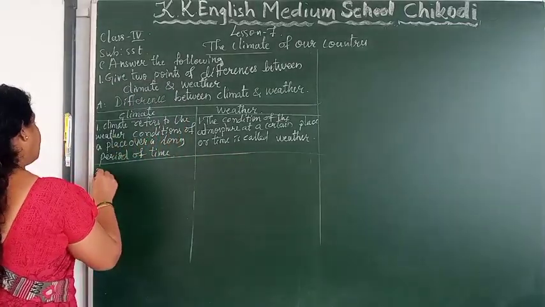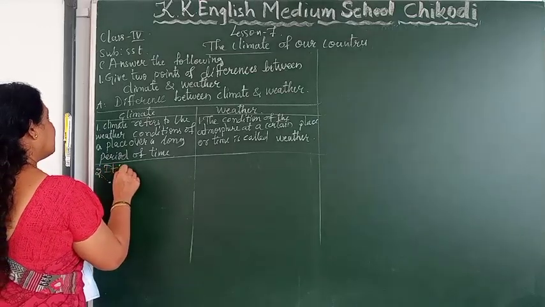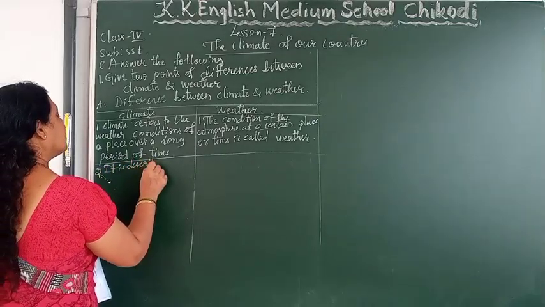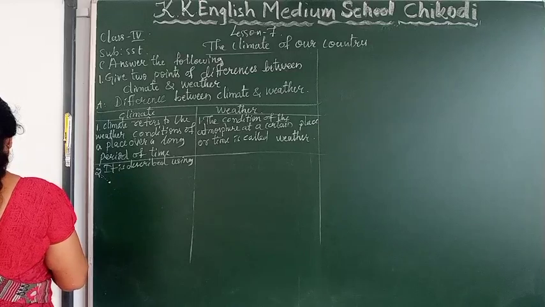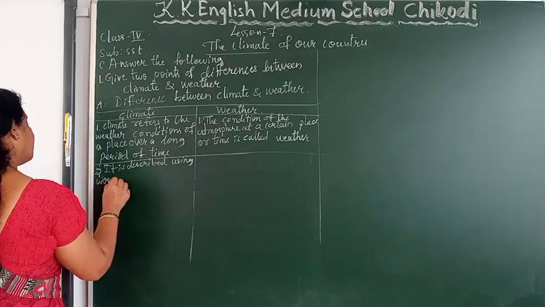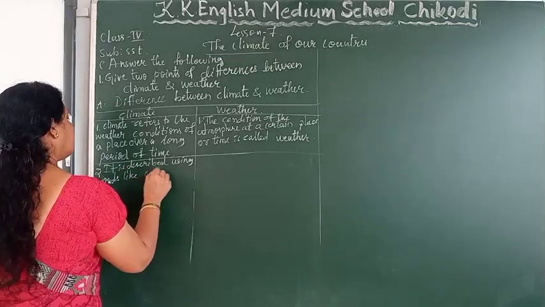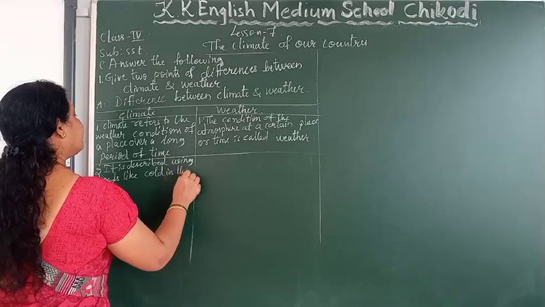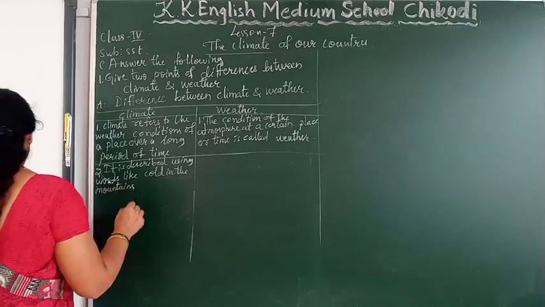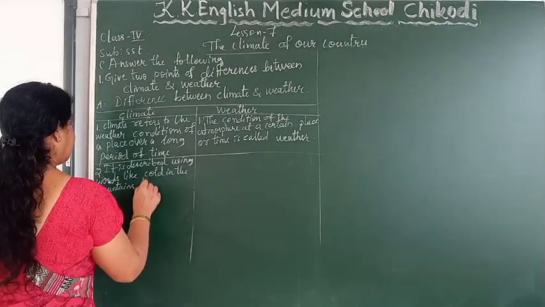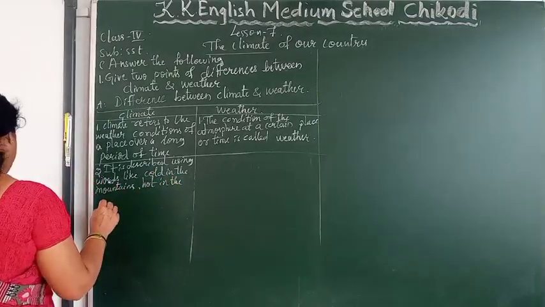So the second difference is, it is described using words like cold in the mountains, hot in the coastal areas.